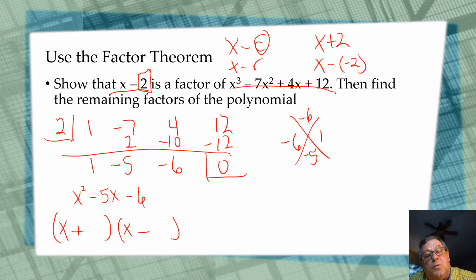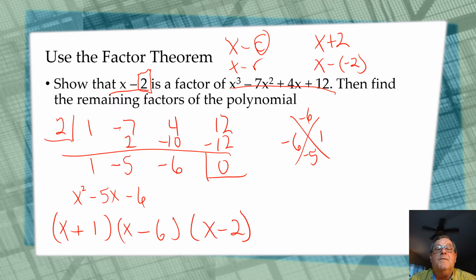So we got x plus 1, x minus 6, and then our third factor is the one that we set out from the beginning, which is x minus 2. Three factors of this x cubed. In this case, there's going to be 3 real zeros, which I think is what we talk about next.